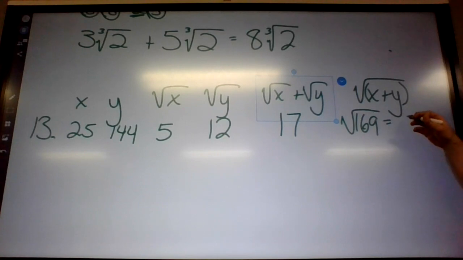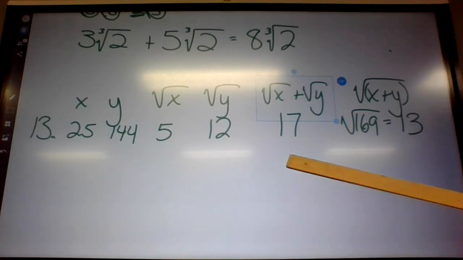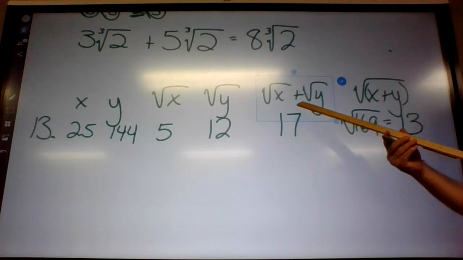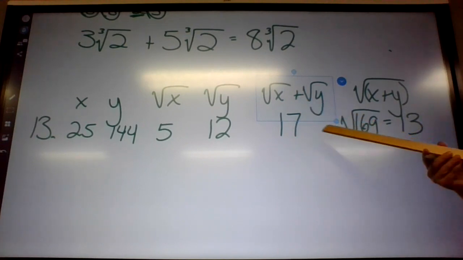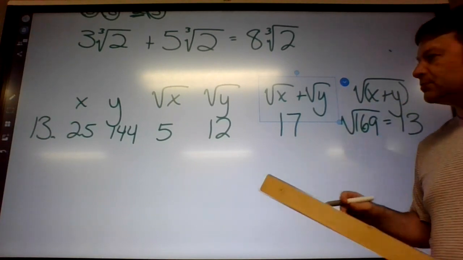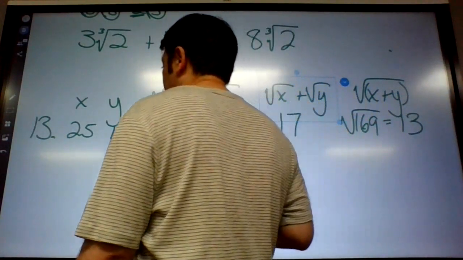It's 13 on the calculator. So I think they want you to notice that this and this are not the same. You guys get to see that? Square root of x plus square root of y is not the same as square root of x plus y. It came out different.